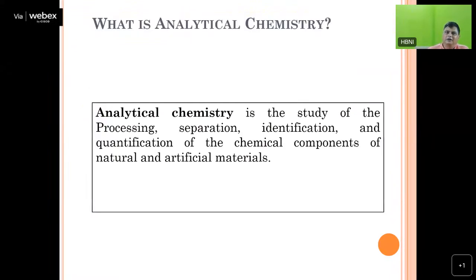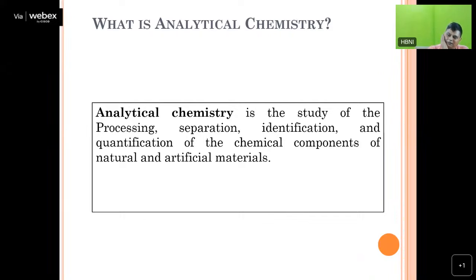Now let's see what analytical chemistry is. Analytical chemistry basically starts with sample collection. Actually, sample collection is also part of analytical chemistry, but generally the sample is given to the analyst. If the sample has not been given to the analyst, then he has to collect it himself. Being an environmentalist, most of the samples have to be collected by the environmentalist themselves, and then the analysis is done.